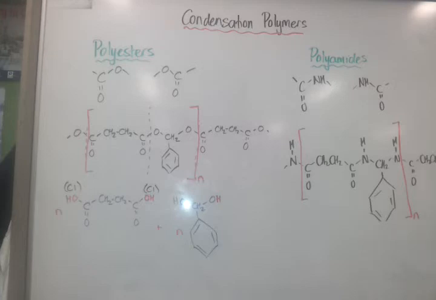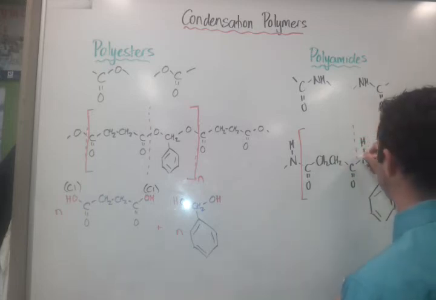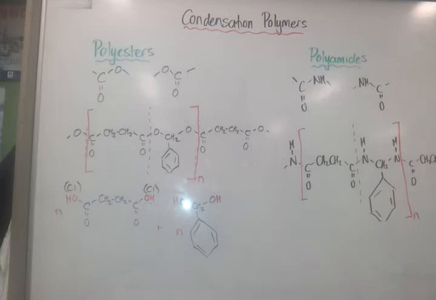Then I take the amide that's in the middle of it, there it is, and I'm just going to put a dotted line through it. Again, I copy out these as my monomers.